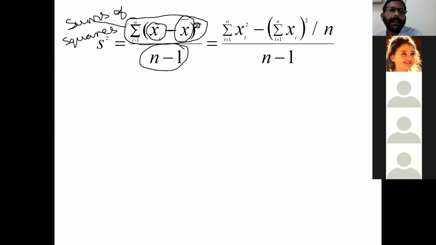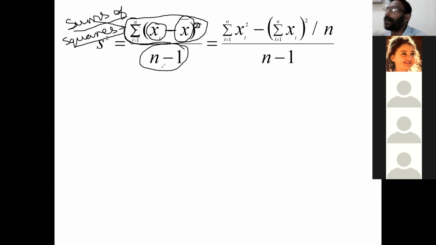How do you call this component? We call that component sums of squares, right?